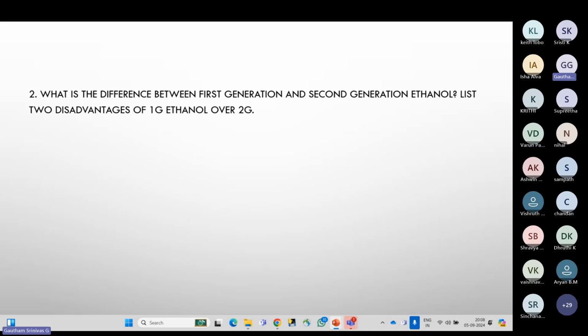Now if you consider 2G ethanol from paddy, you're using the byproduct of agriculture, which is rice straw or rice husk. Then the impact of this environmental emission, the methane emission, gets divided among the two.